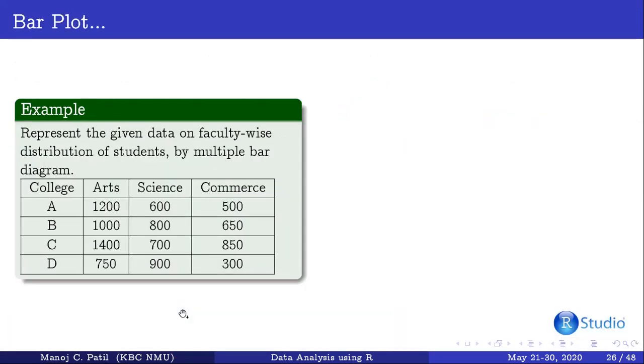If we have grouped data, represent the given data, faculty wise distribution of students, by a multiple bar chart. So a multiple bar chart is also a bar chart but with groups. So we have 4 colleges and 3 faculties. So faculty wise distribution of students is there.